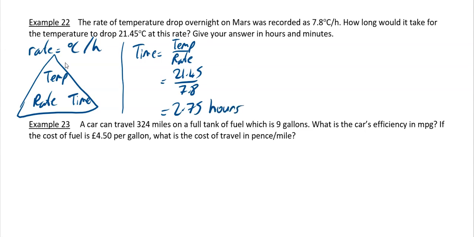Another way of saying 2.75 hours is 2 3/4 hours. 2 3/4 hours is going to be 2 hours and 45 minutes. As you know, 3/4 of an hour is 45 minutes.